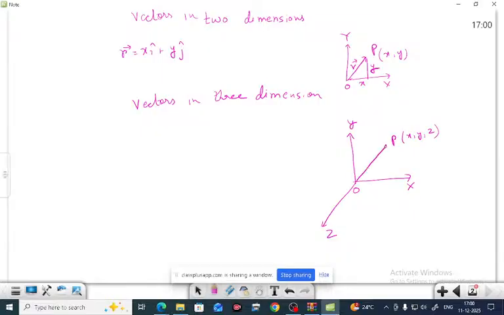This vector can be represented in this way: vector R equals x i vector, where this is unit vector i, plus y j vector plus z k vector. This is the vector R.